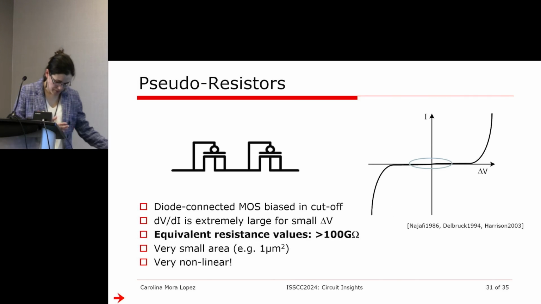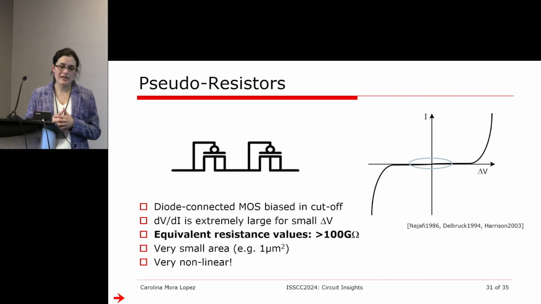So what do people do? One popular technique, and this is not the only one, is called a pseudoresistor. This is basically a CMOS transistor, normally a PMOS, that is connected in this diode configuration. So you have your gate connected to the drain, your bulk connected to the source.